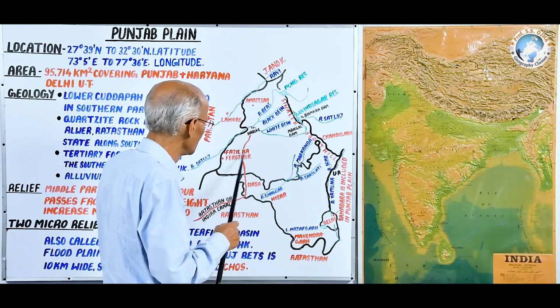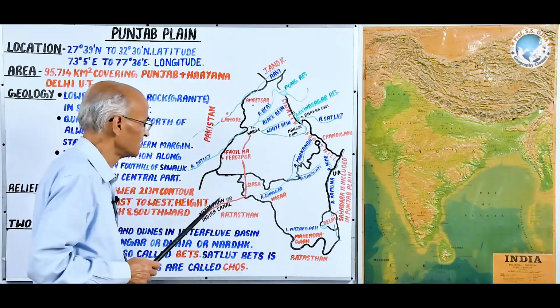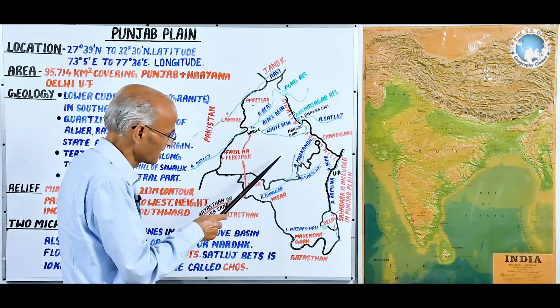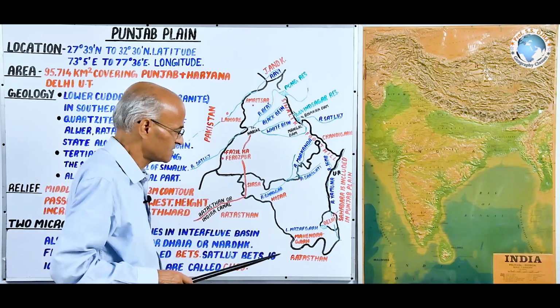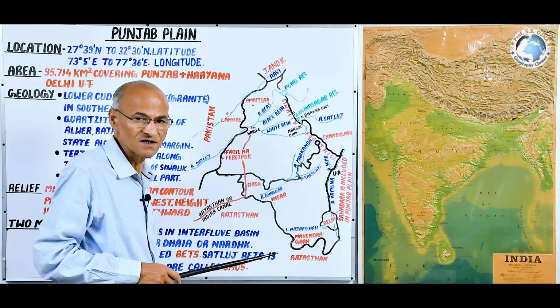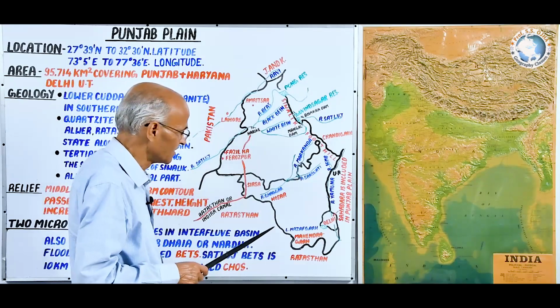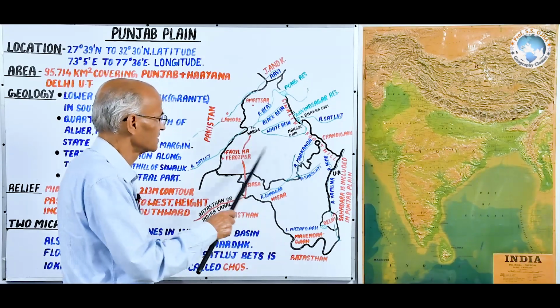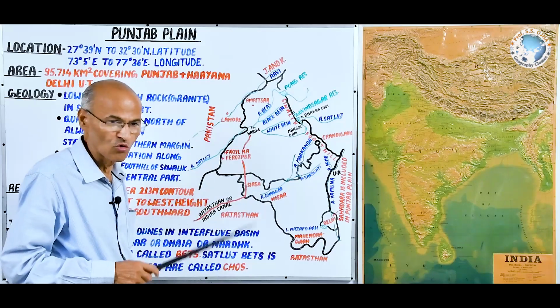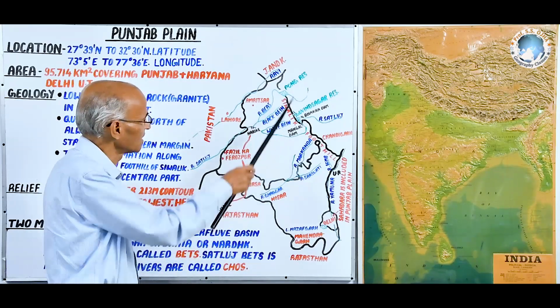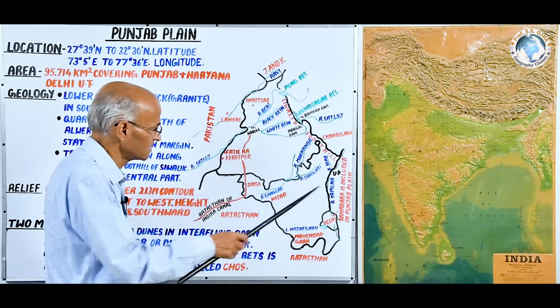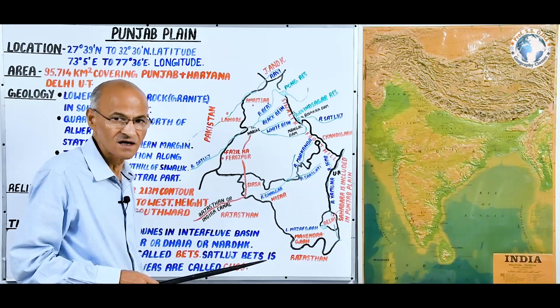From here to here the 213 meter contour line passes, and Delhi is about 200 meters above sea level. Thus, the middle part is lower, while going northward, southward and eastward the land is higher.